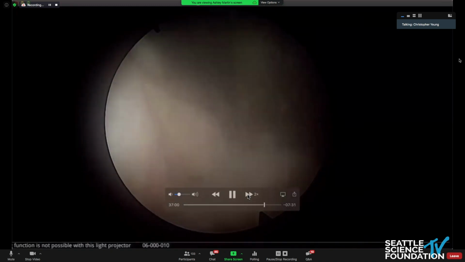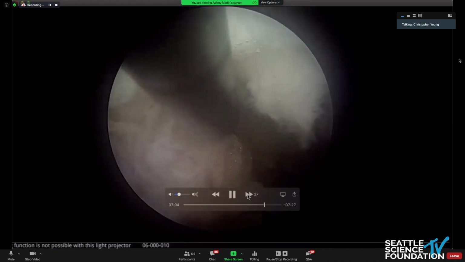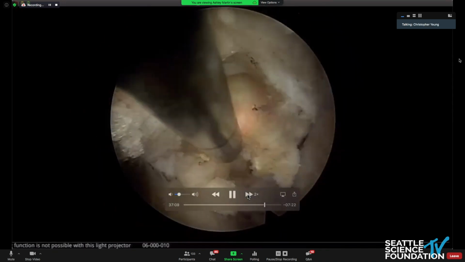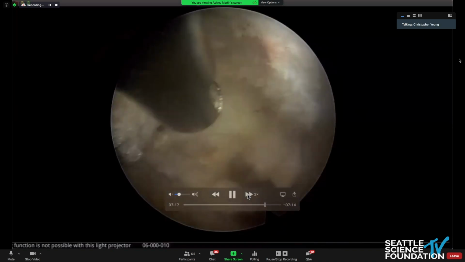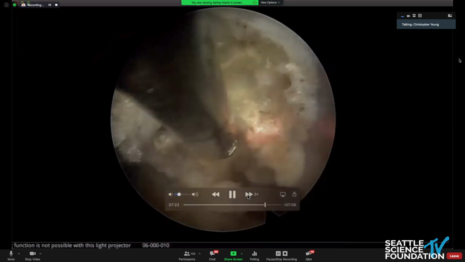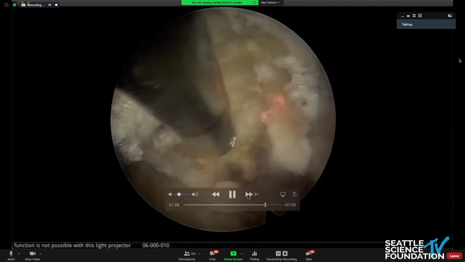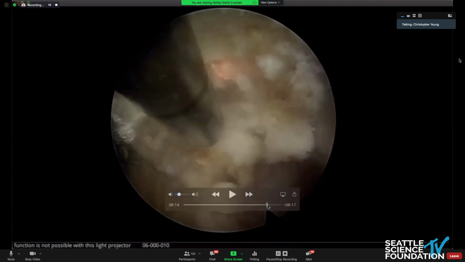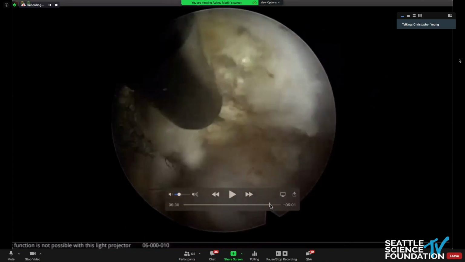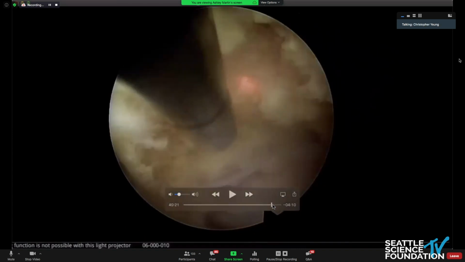And then I'm just going to fast forward. Working towards the nerve root, shaving off the tip of the SAP, nicely dissecting it. And then you can see it's more decompressed.